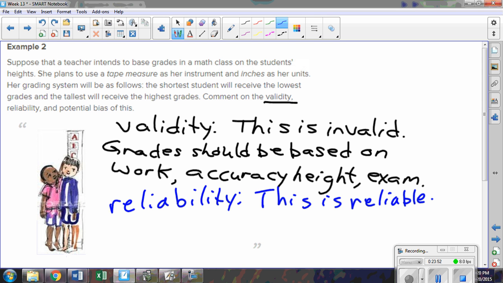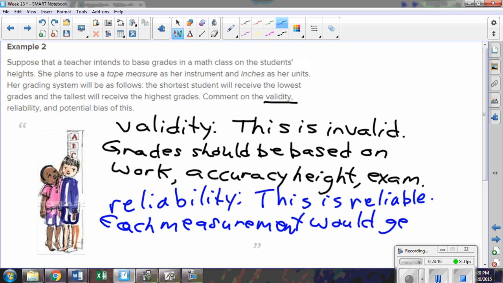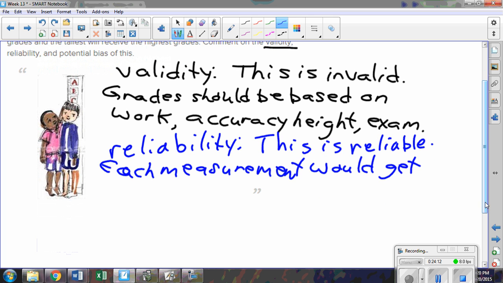And, well, you might grow a little bit, in which case, there you go, you get a little bit better grade. Good job for improving. But this is reliable. Every time we do a measurement, we would get the same result.